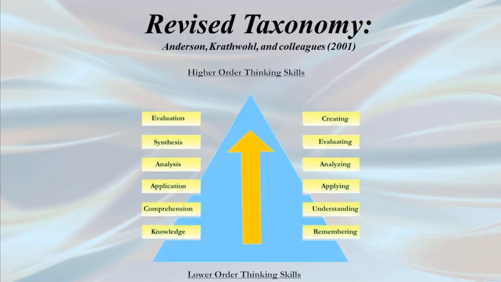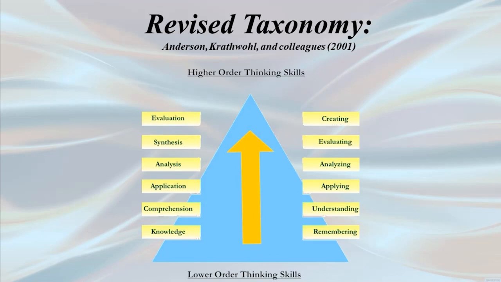Actually, Bloom's taxonomy was revised in 2001 by one of Bloom's collaborators, David Krathwohl, and his group. The revised description used dynamic verbs instead of the original nouns to describe learner thinking.